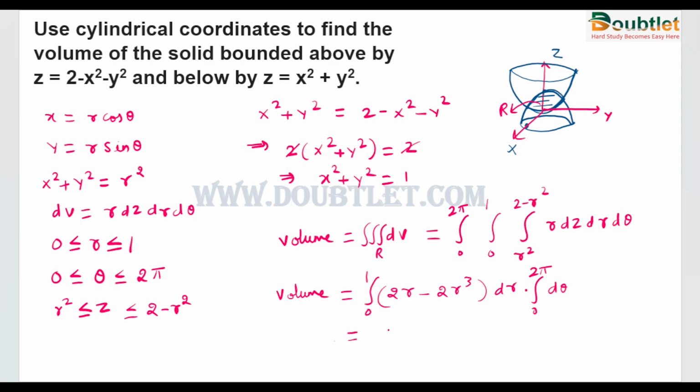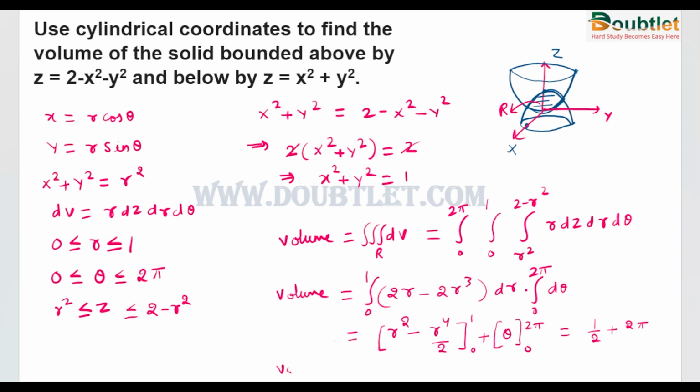So the volume will be r square minus r to the power 4 divided by 2, from 0 to 1, and this will be simply 2 pi because the limits vary from 0 to 2 pi. So this will become 1 minus 1 by 2 minus 0, times 2 pi. So it is 1 by 2 times 2 pi.